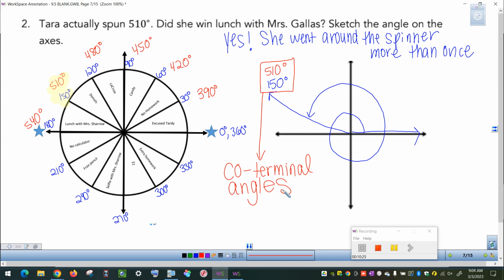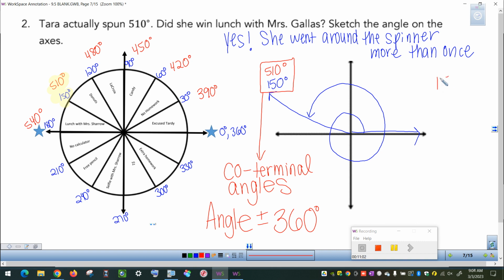So that's the thing. It actually doesn't matter where we start. Anytime you just make one full trip around, it's 360 degrees that you're traveling. So anytime you're wanting to get a coterminal angle, you're going to take your beginning angle, and you're either going to add or subtract 360 degrees, and that's going to give you a coterminal angle.